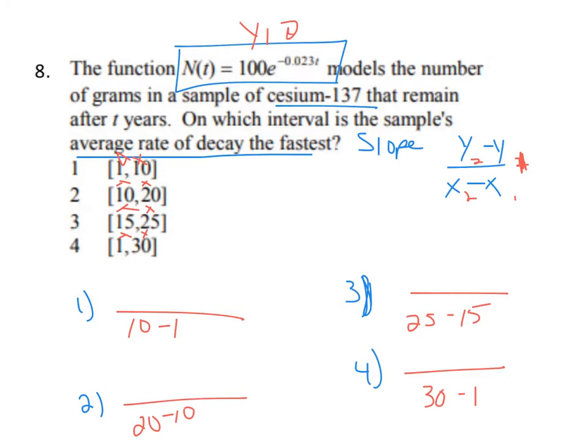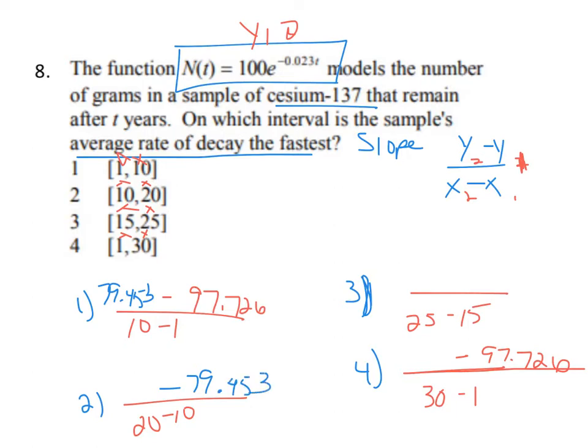Okay, so when I look at my table and I find the number for 1, it's going to be 97.726. I can put that in choice 2 as well. Next number I can put in is 10. When I look at the table at 10, I get 79.453. I can put that in this choice as well, 79.453.